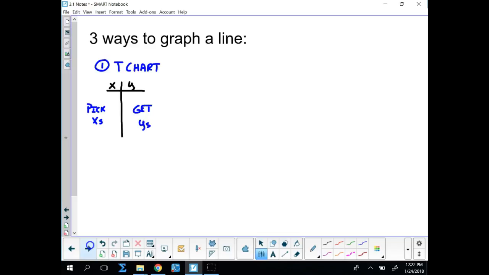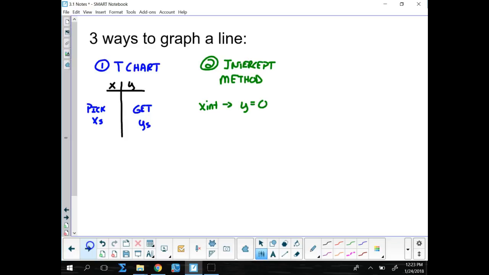How? Find the intercepts. Very good. That was the one I didn't expect you guys to get. Yeah, using the intercept method. So my x-intercept is where y is equal to 0.